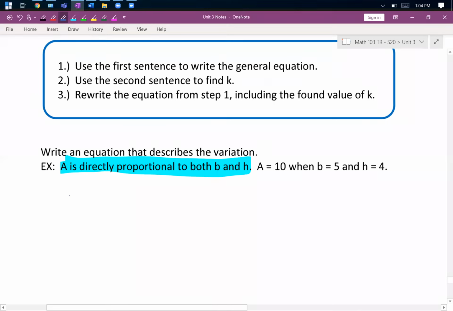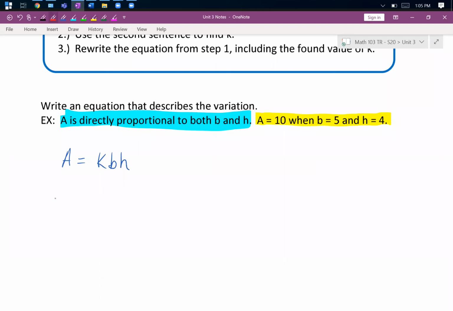A equals K times B times H. You got it. Now we want to plug in all these numbers that we were given and solve for k. So Ethan, now I might put the B and the H in parentheses so I can multiply. I don't know. Maybe I would just put dots like this.